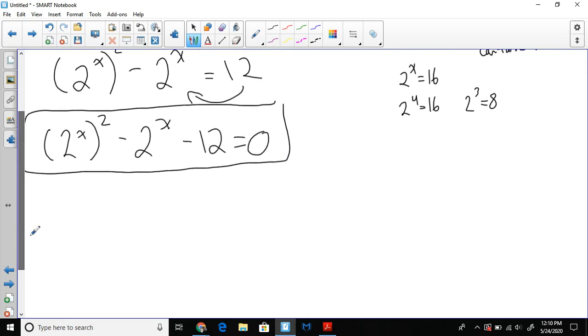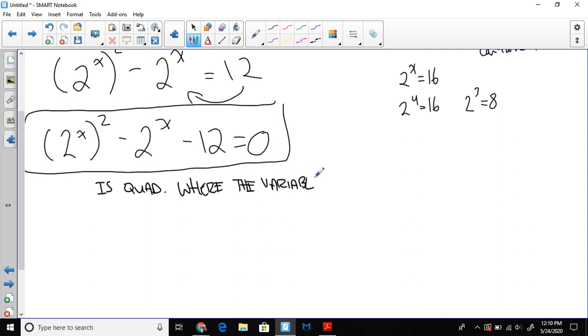is quadratic, where the variable is replaced with 2 to the x.